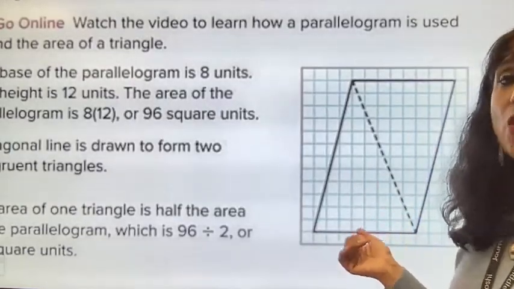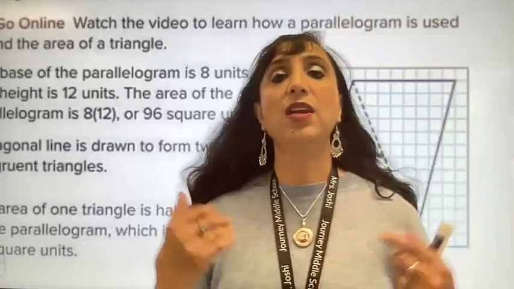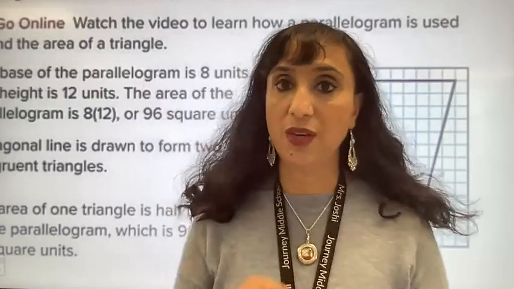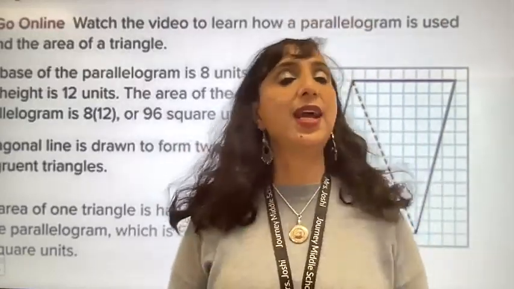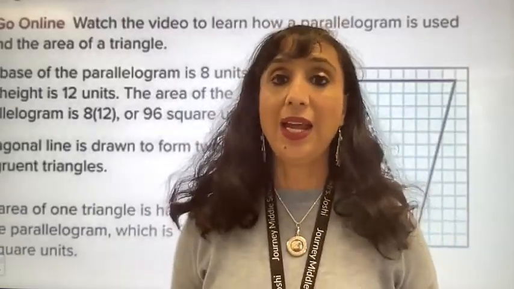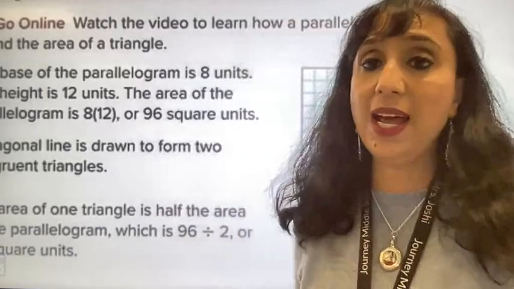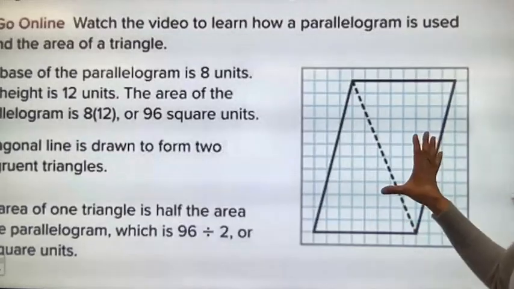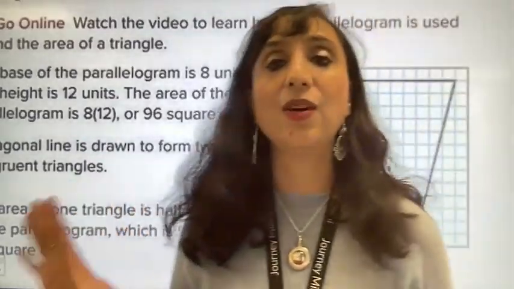Okay, and so I need to understand that in a quadrilateral, whether it's a square, a rectangle, or a parallelogram, when I put a line down like this, for example, I end up getting two triangles in a quadrilateral.